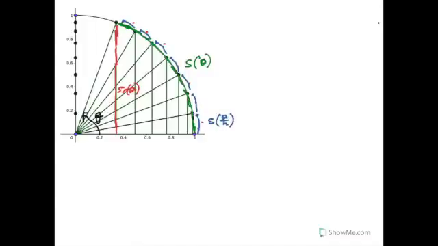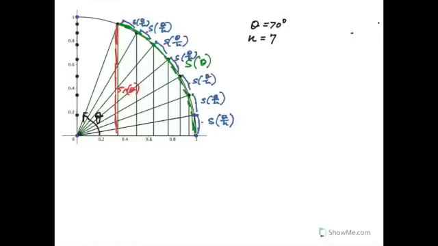So for this picture, theta is 70 and n is 7. But theta could be a different size, and n could be bigger or smaller. Another observation: each of these could also be written as the original S theta over n.